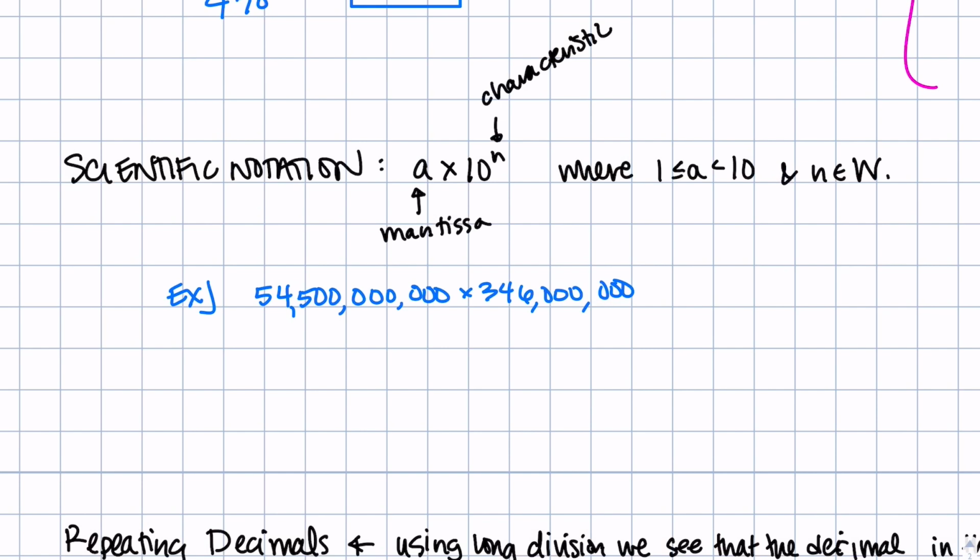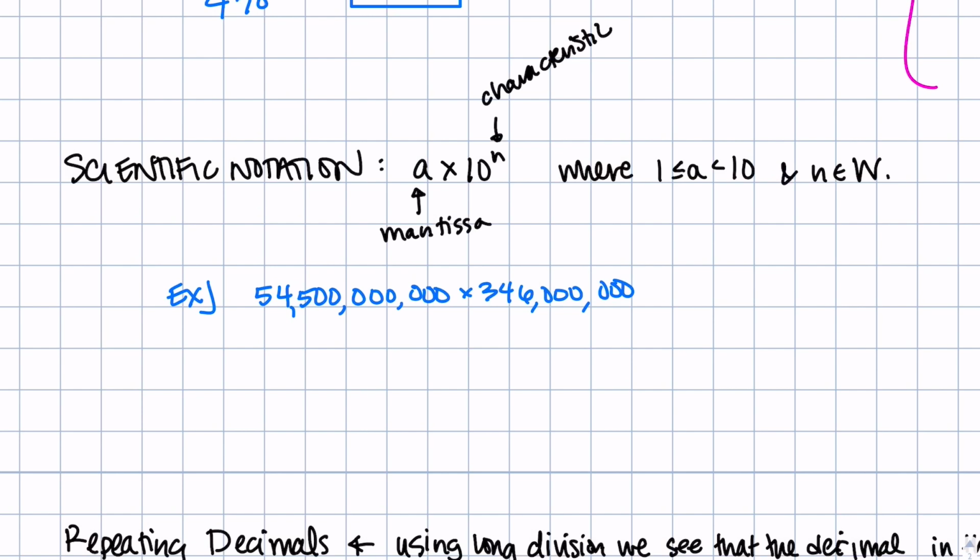A scientific notation of a number is in this form A times 10 to the n, where A is some number between 1 and 10, and it's multiplied by 10 to some whole number power. That whole number could be negative, but we'll talk about that when we bring in the integers later on in the course. So right now we're just talking about very large numbers, where n is positive.